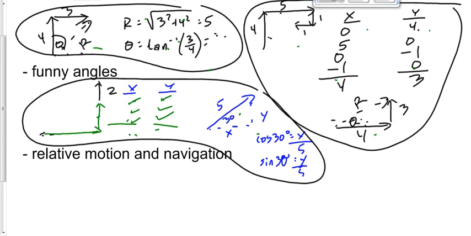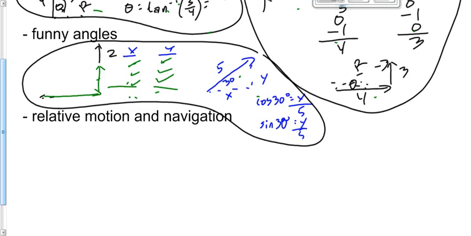But what you got to remember with relative motion and navigation is that we have 2 types of lines. We have solid lines and we have dotted lines. The solid lines would be things that contribute to where I go, the contributing vectors.